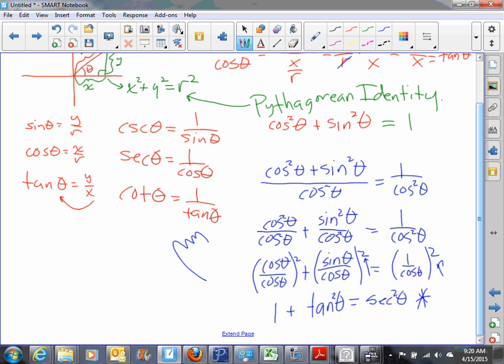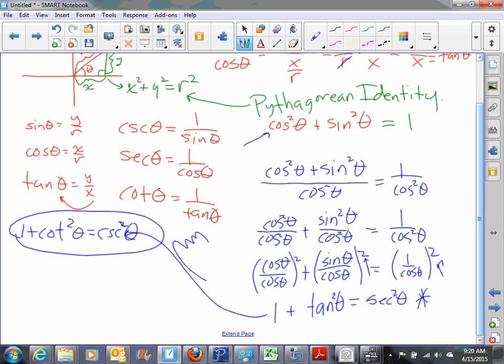Now, if you divide both sides of this identity by the sine squared of theta, you end up with 1 plus the cotan squared of theta equals the cosecant squared of theta. I'm not going to take a lot of time doing that one, but this is what we would call the third Pythagorean identity. So there are 3 Pythagorean identities, and guys, a lot of you are all the time asking me, do I need to memorize this?